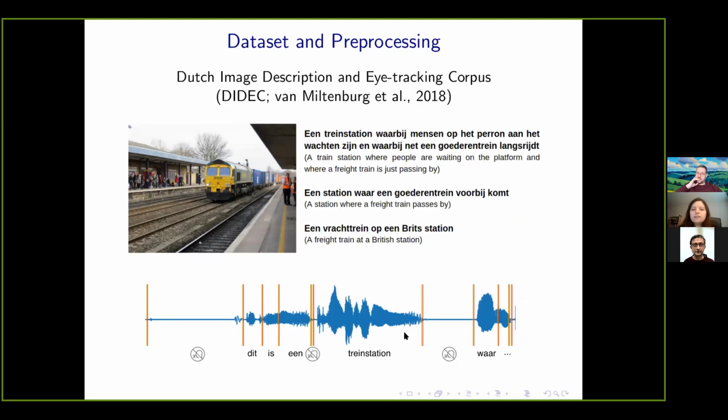So one thing that could be further researched is how these approaches are different: if we start describing immediately versus if we take some time and then plan what we're going to say and then produce the language. Having the first few fixations for people who waited for a while before talking could indeed be enough. But for the ones who start immediately, they may still need to do some more fixations.